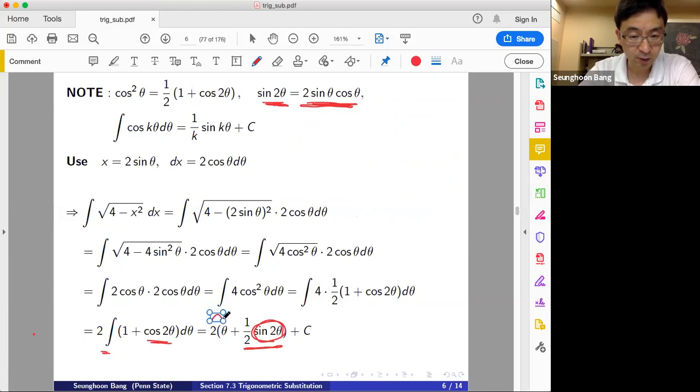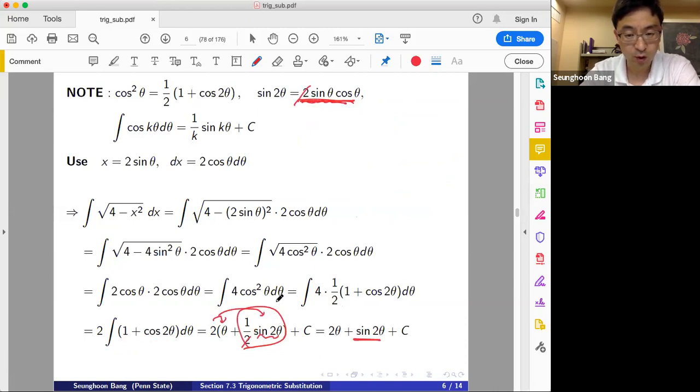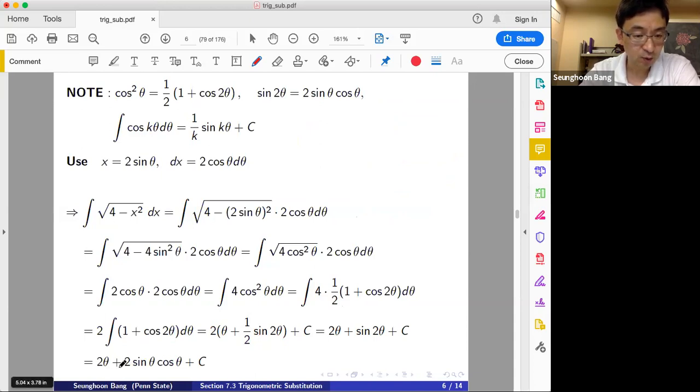Next, distribute the 2. Then I can change 2 theta, 2 sine theta cosine theta back to the x variable. We use the previous substitution: x equals 2 sine theta, so sine theta is x divided by 2.